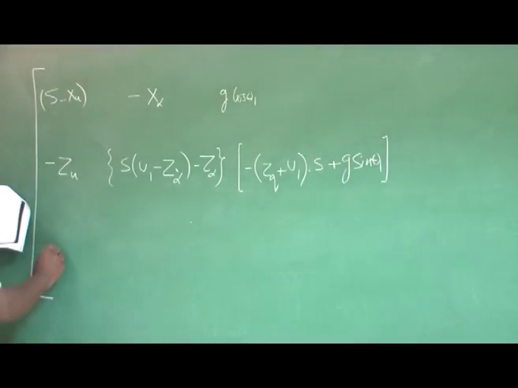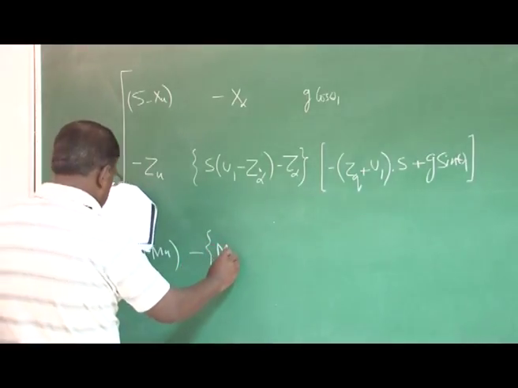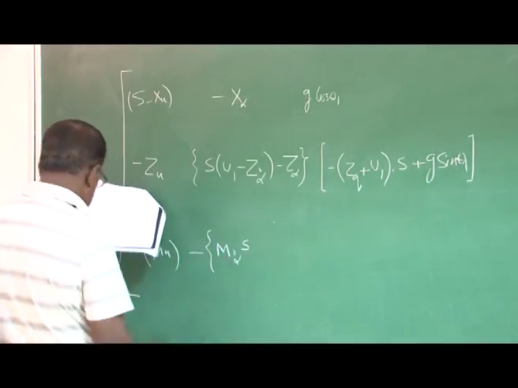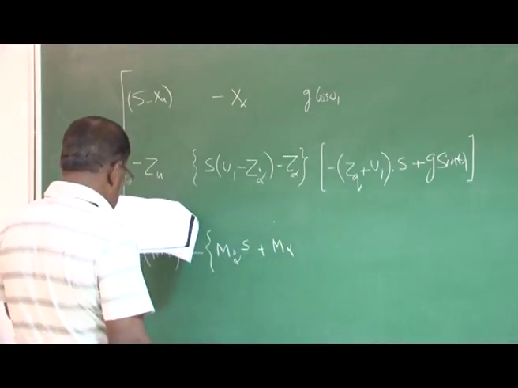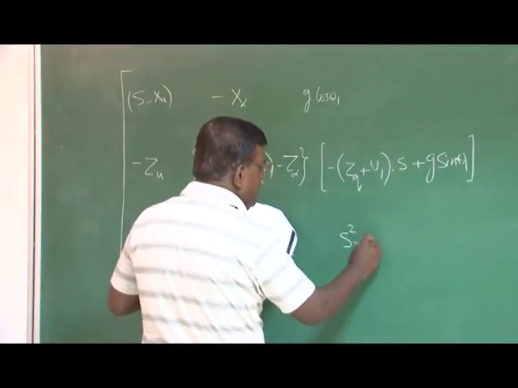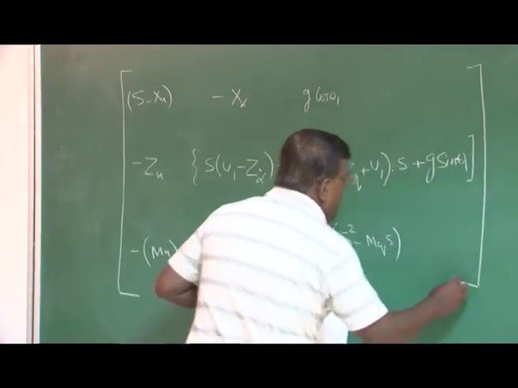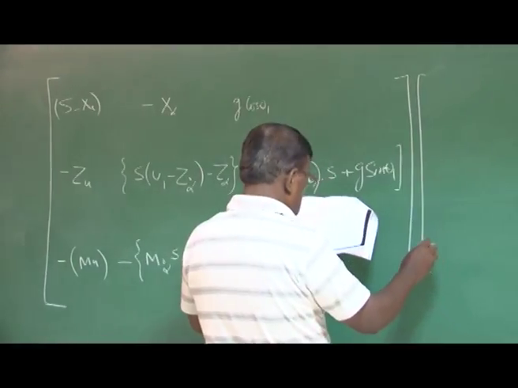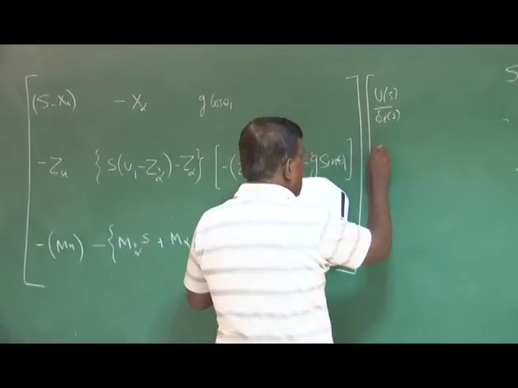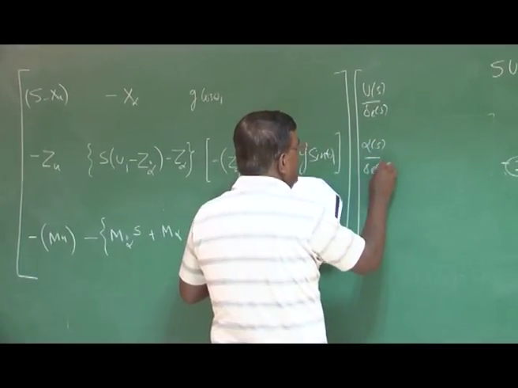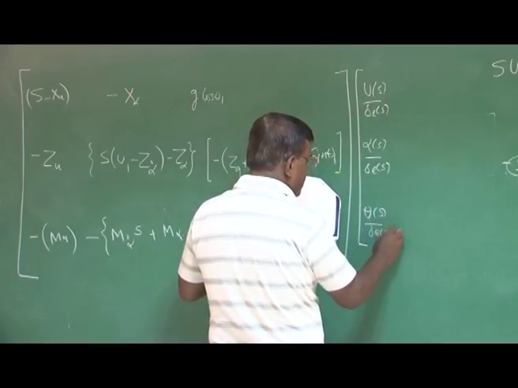Third row: minus mu, minus m alpha dot s plus m alpha, and s square minus mq s. This multiplies u of s by delta E of s, alpha of s by delta E of s, theta of s by delta E of s.